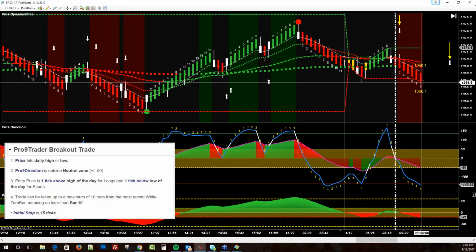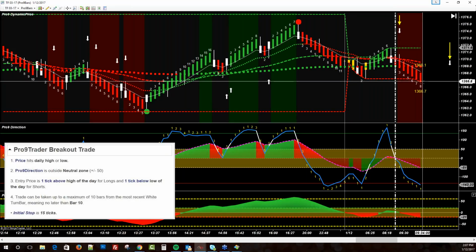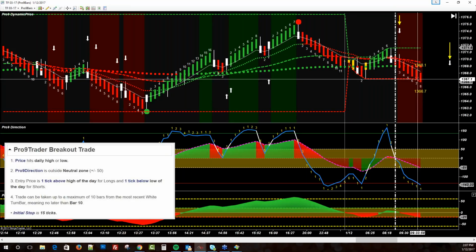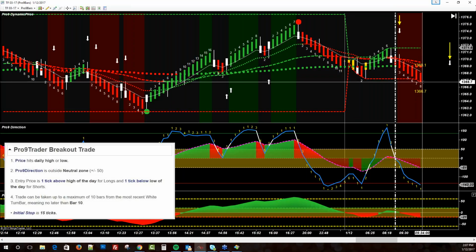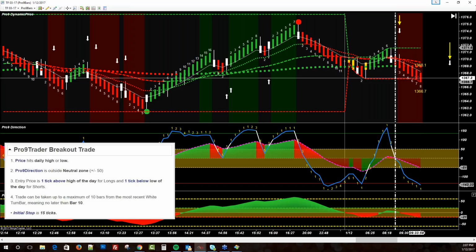No, because our entry price is one tick below the low of the day. It's not the DPI of bar 8 or the DPI of the bar that breaks through the low. It's a very specific entry price that's in the rules. And I do want to clarify that that is part of the rules as well, so it's not arbitrary. It is considered a rule itself.